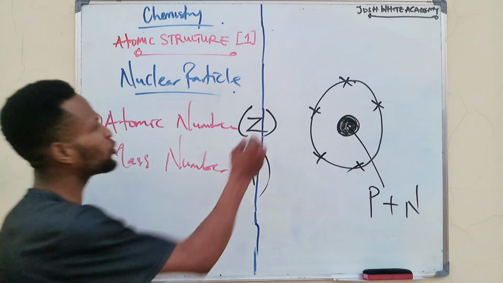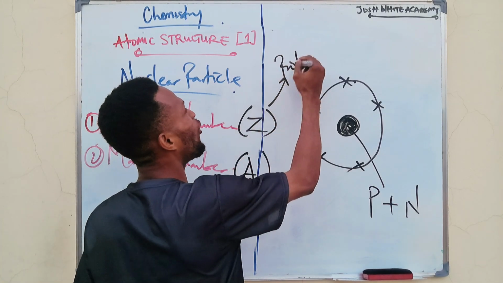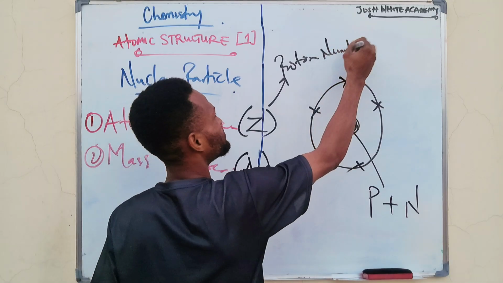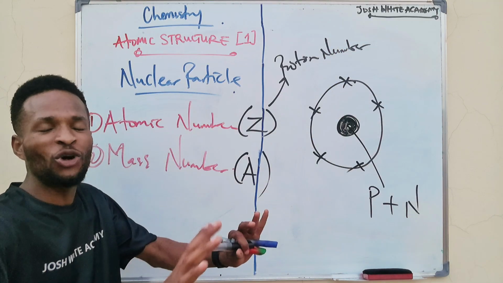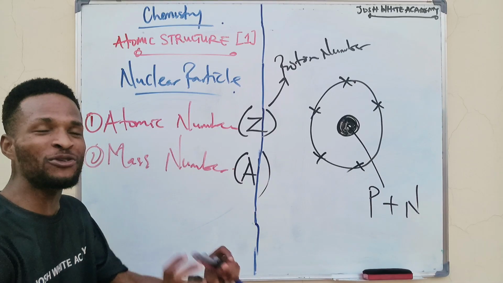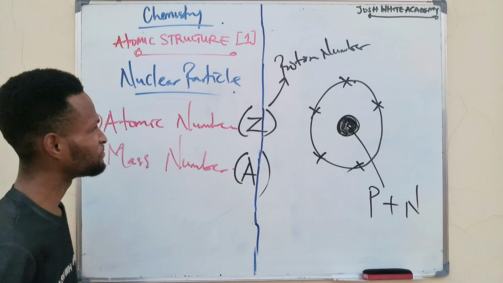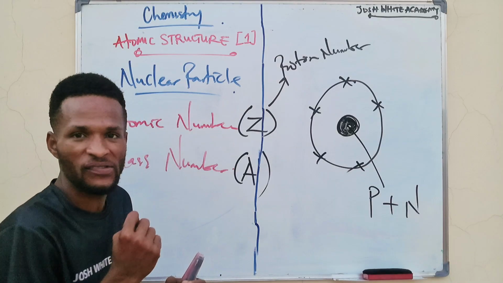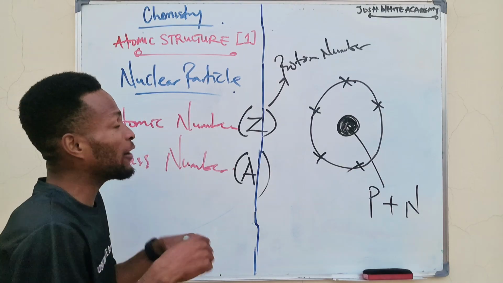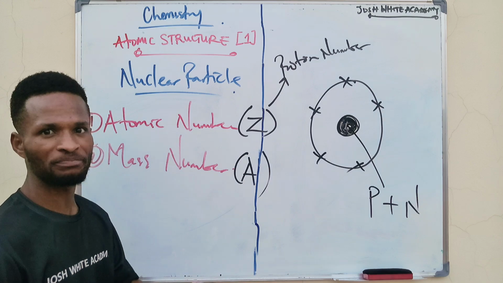Atomic number is also known as proton number because it is simply the number of protons found in the nucleus of an atom. Yes, it can also be the number of electrons in an unreacted atom.